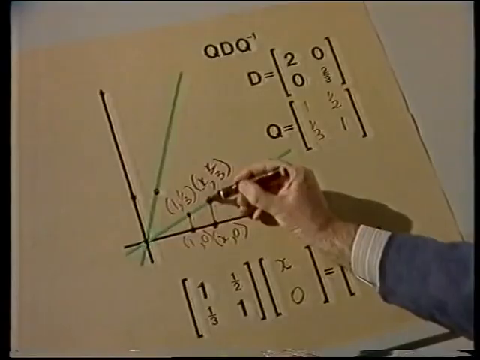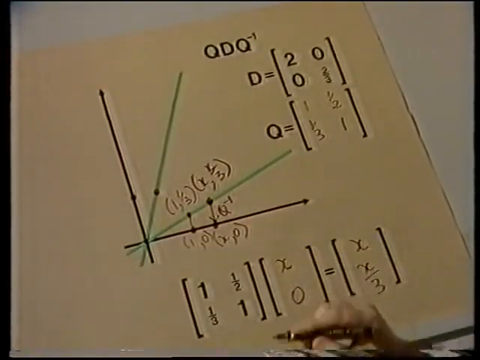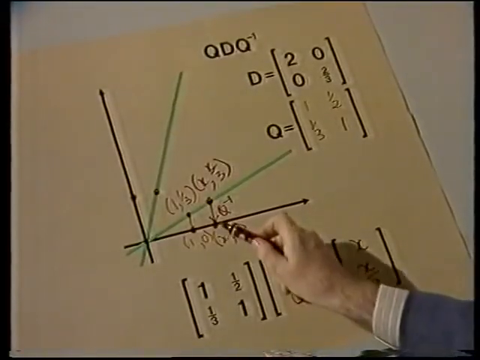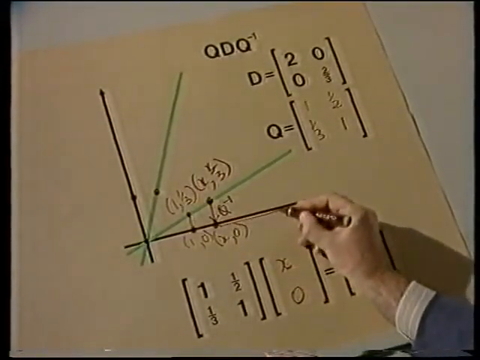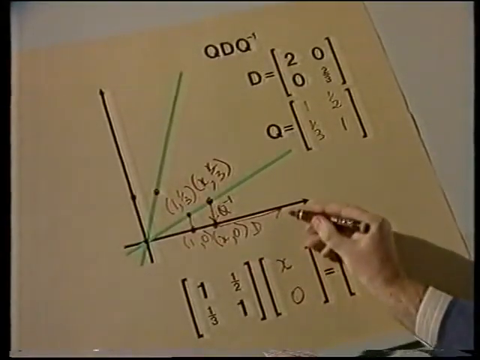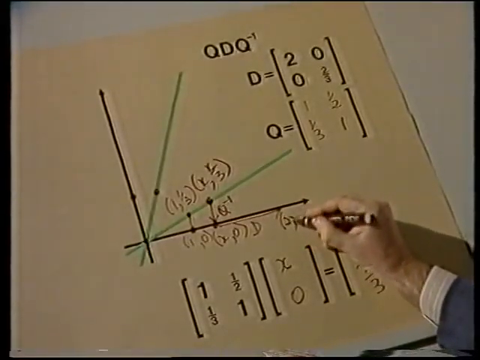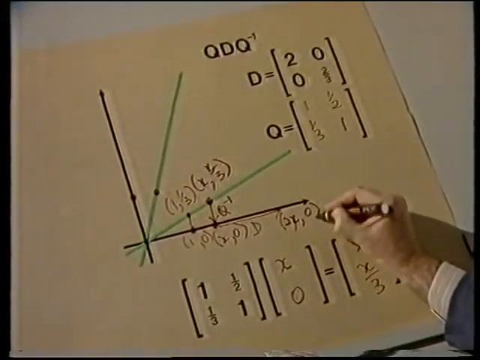Well, first of all, this point gets mapped down here by Q to the minus 1. When we apply the transformation D, all D does is scale along the x-axis by a factor of 2. So we get the point (2x, 0).